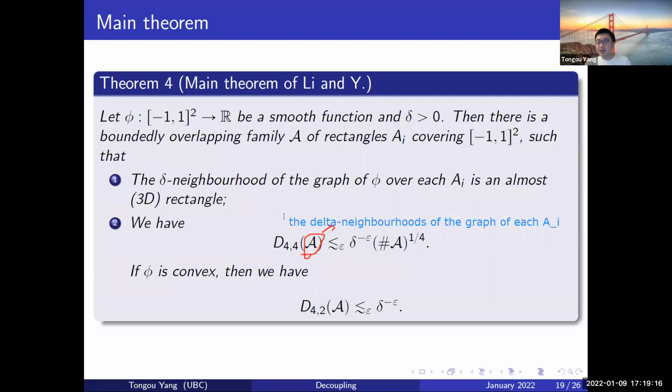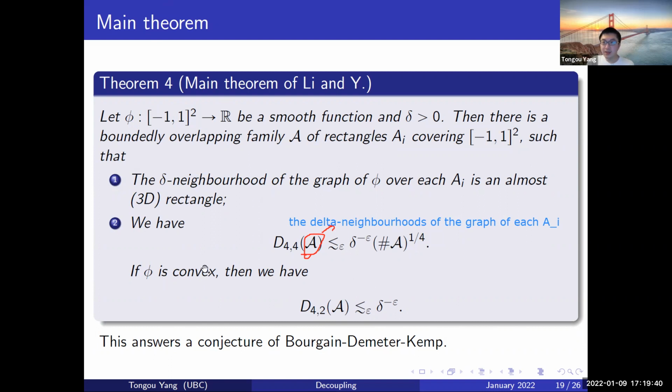After this modification, we have these two decoupling inequalities, which is the same as the Bourgain-Demeter decoupling up to this epsilon loss. Previously, this was a conjecture of Bourgain-Demeter, but now we have made it into a theorem.